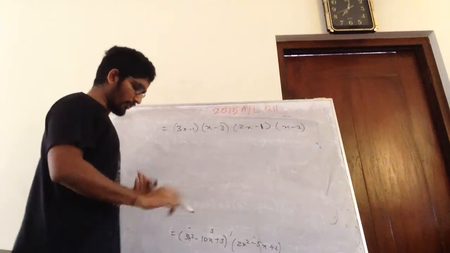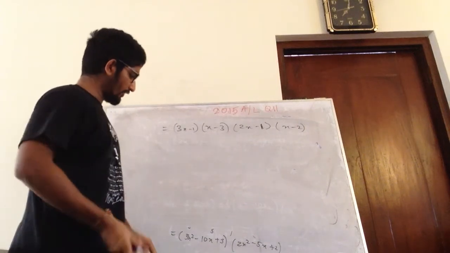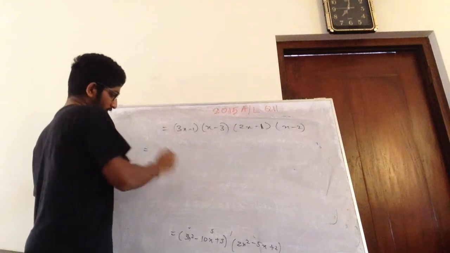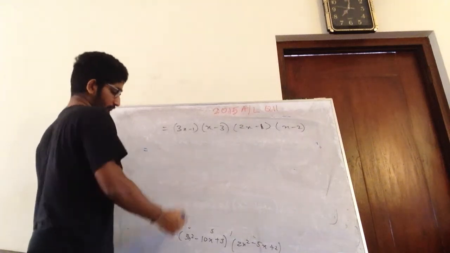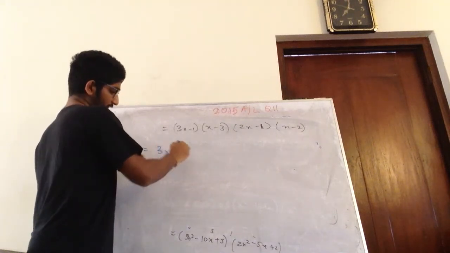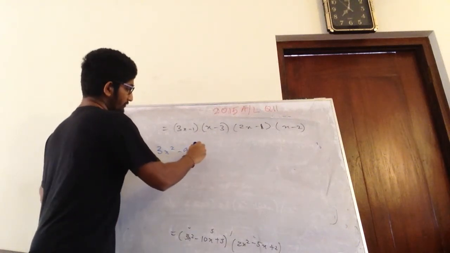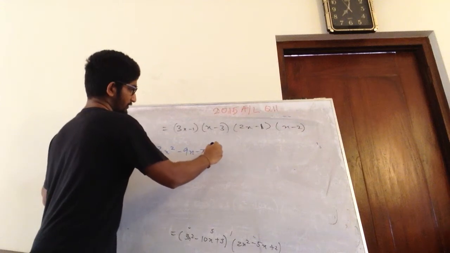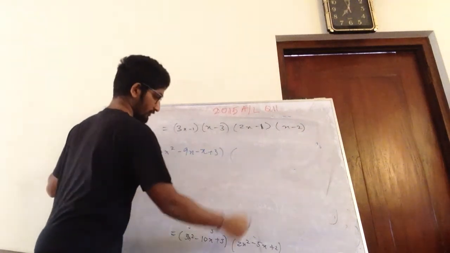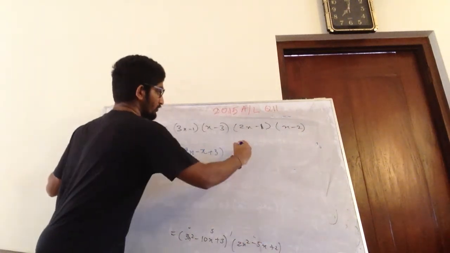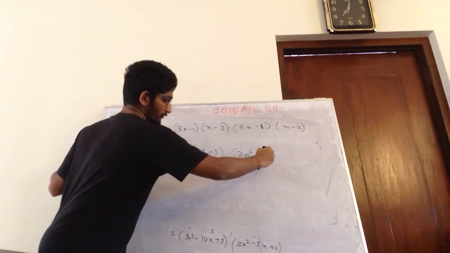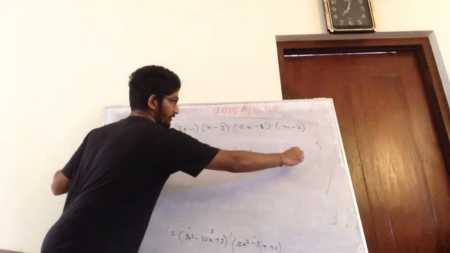Right, so you can either get this straight away or basically find the factors, no problem. If you are going to find the factors, what you do here is write this down as 3x squared minus 9x minus x plus 3. Because 2 times 2 is 4, 2x squared minus 4x minus x plus 2.